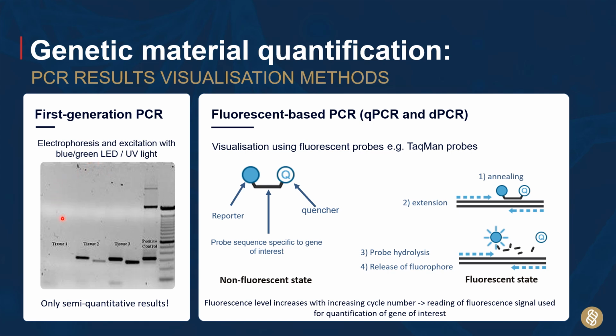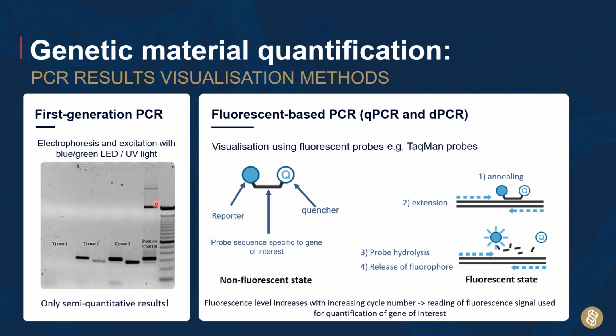And the results would typically be what you see below. A lane loaded with a ladder that has specific bands of specific sizes, and you could determine if your band of interest is present in the gel, yes or no, and are there any contaminating bands or non-specific amplicons present in the gel.